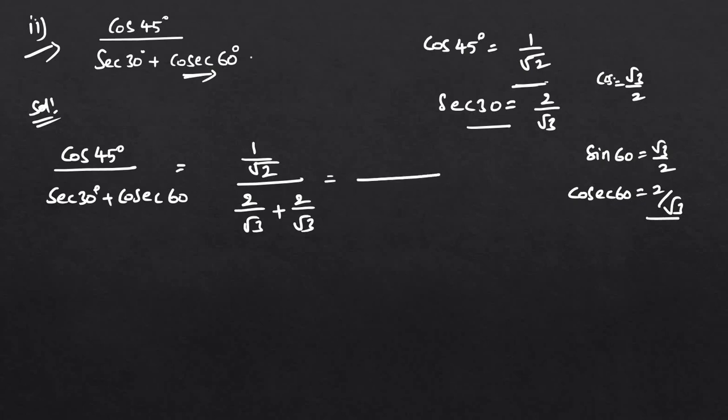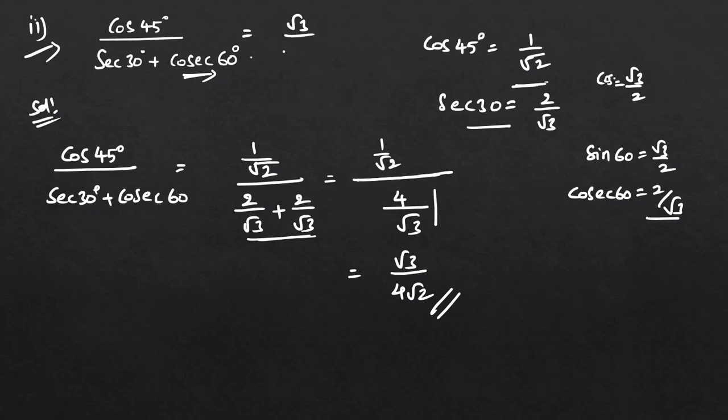The LCM is root 3, and the numerator 2 plus 2 is 4. Then 4 goes to the denominator side, and it becomes root 3 divided by 4 root 2. This is the answer to the given question.